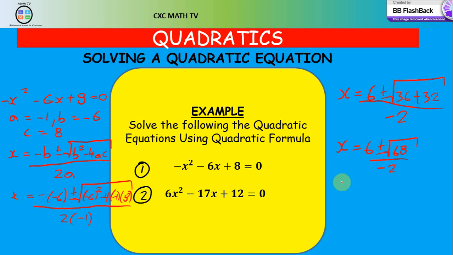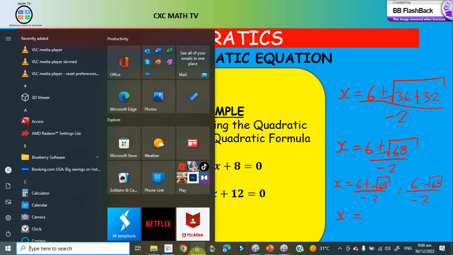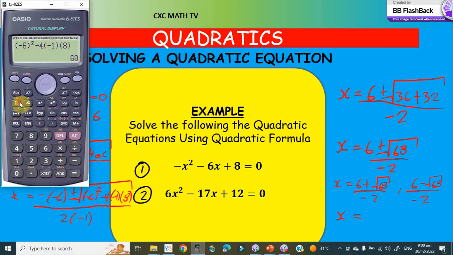Now put that in our calculator. We're going to put in the one with the plus first, and then the one with the minus next. 6 plus the square root of 68 divided by negative 2.